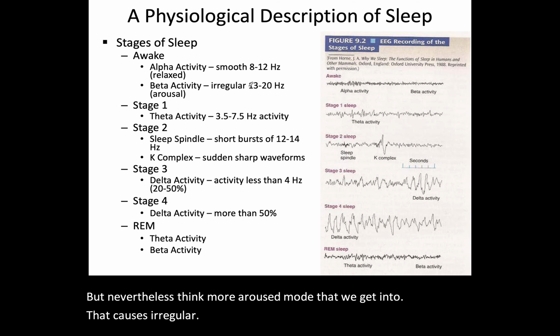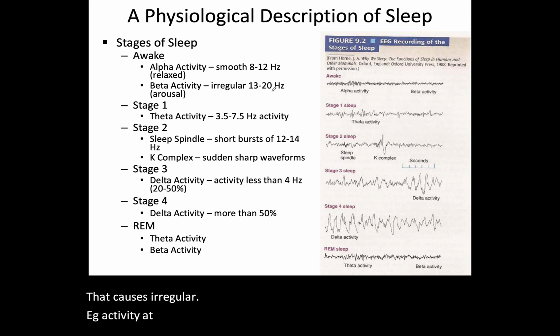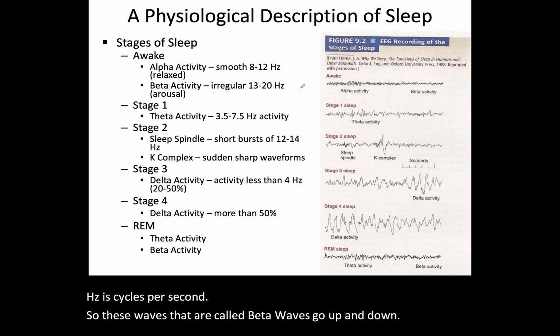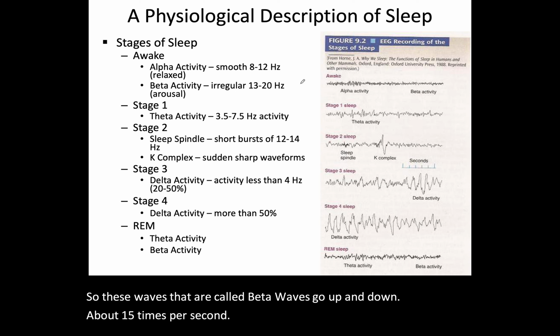EEG activity at a frequency of 13 to 20 hertz. Hertz is cycles per second. So these waves that are called beta waves go up and down about 15 times per second. And here's what they look like.